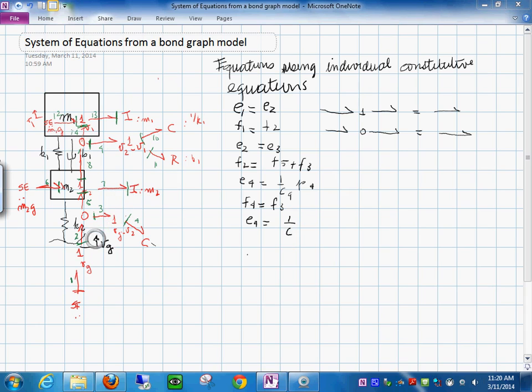E sub 4 right here is 1 over C sub 4 times Q sub 4, yeah? And we also know that dQ sub 4 over dt is equal to F sub 4, right? This is the first differential equation coming out from this element. We have 3 differential equations, no, 4: 1, 2, 3, 4. The I's and C's will produce those.